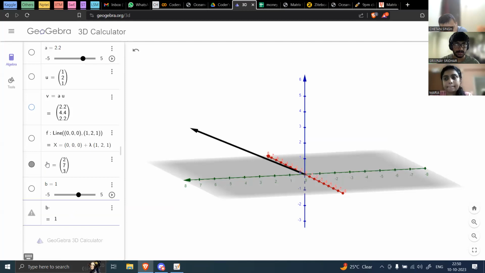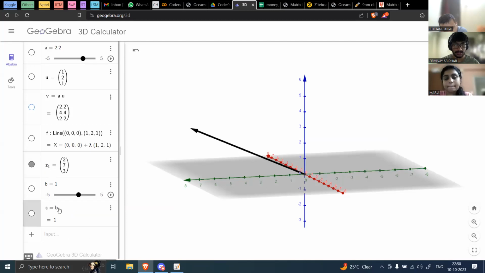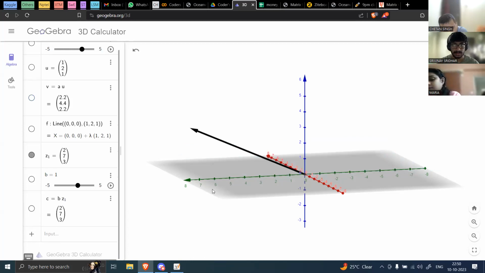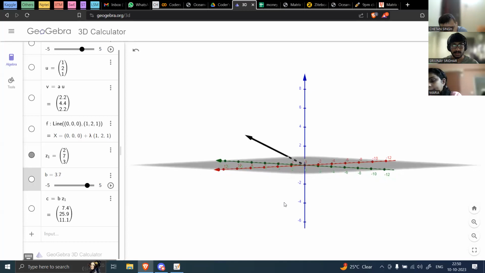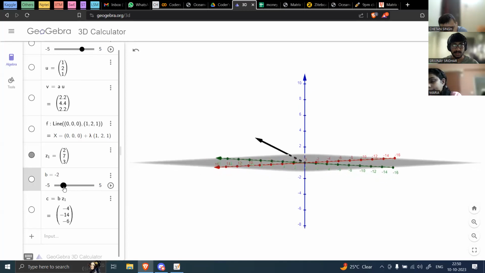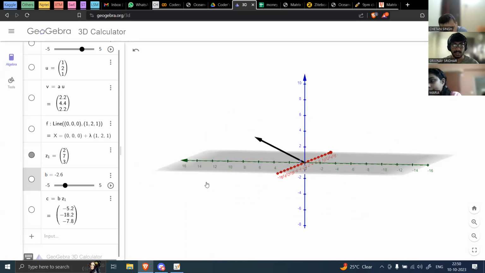How do I see subscript 1? Okay. I can't see the vector. Oh, I think it's spanning.